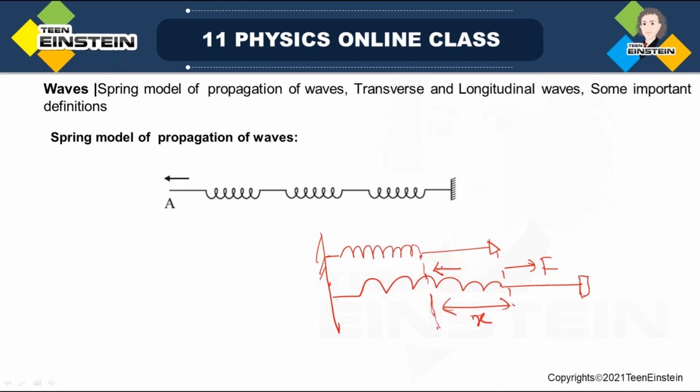So this force is actually called the restoring force. It means the force which will restore the length of the spring to its normal length. Suppose it was L, now it is L plus x.